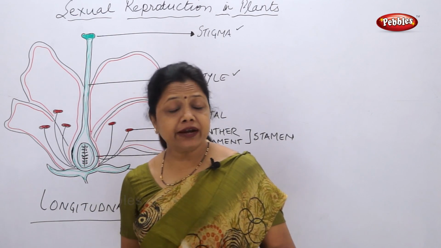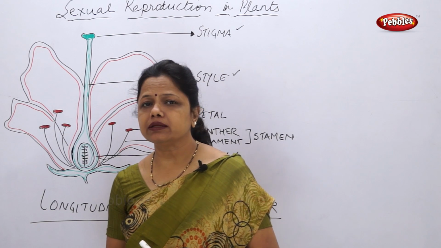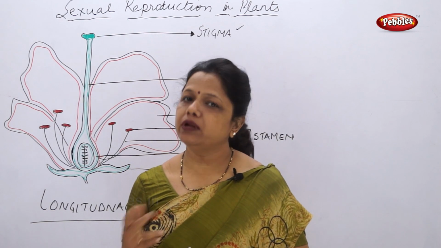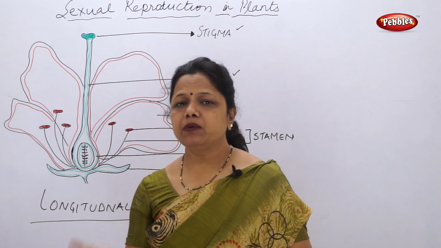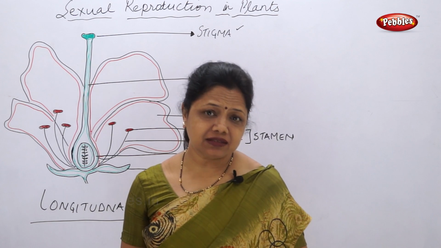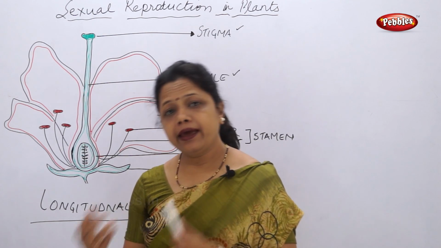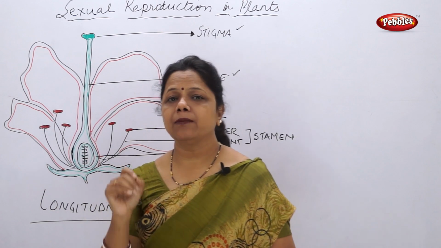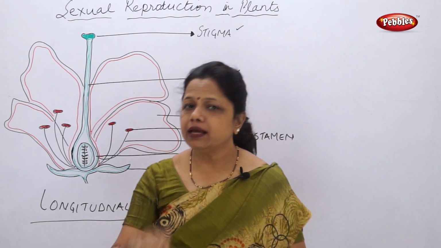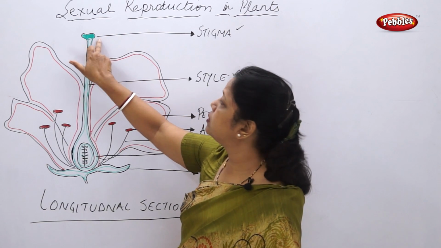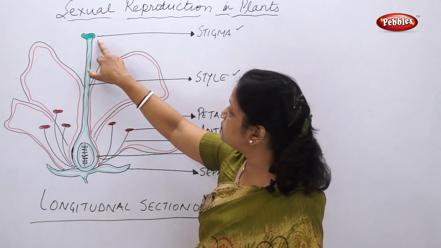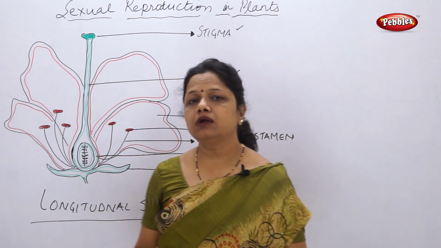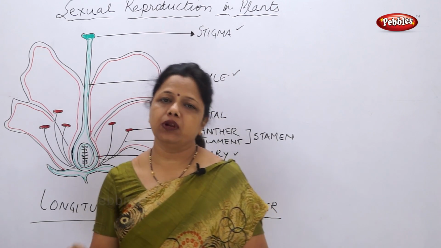From where is it receiving the pollen grains? It receives the pollen grains through pollination. The pollination we are going to study later, but pollination is done by insects, honeybees, air, and water. So the pollen grains, which are the male reproductive part, come and settle down on the head of the female reproductive organ, that is called the stigma. And this stigma is also called the receptor of the pollen grain.